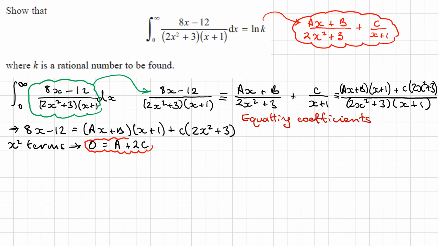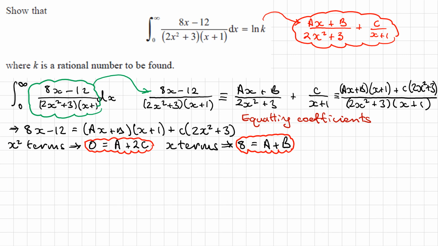That's one equation. So now I'm going to equate the x terms on both sides. On the left hand side, the coefficient is 8. And then on the right hand side, let's see what we get when we expand the brackets. I will get ax plus bx, so in front of the x from this term, I'll have a plus b. But here I won't have anything in front of the x term. So it's just going to be 8 is equal to a plus b. Okay, so there's another equation.